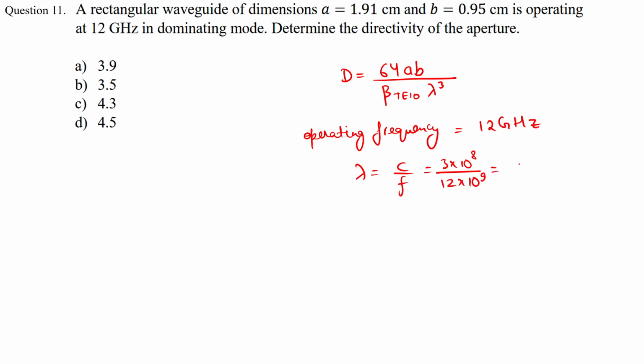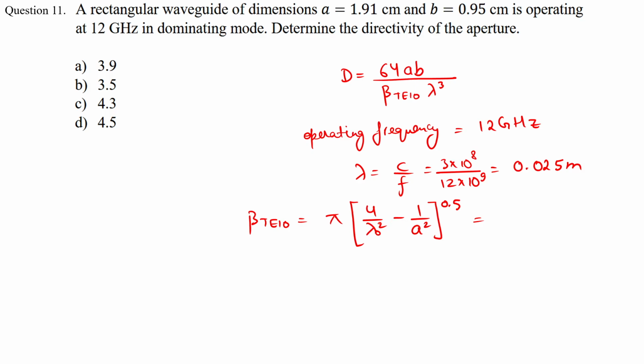When we solve, it comes out to be 0.025 meters. Now from this we can calculate beta TE10, which is pi times under root 4 by lambda naught square minus 1 by a square.